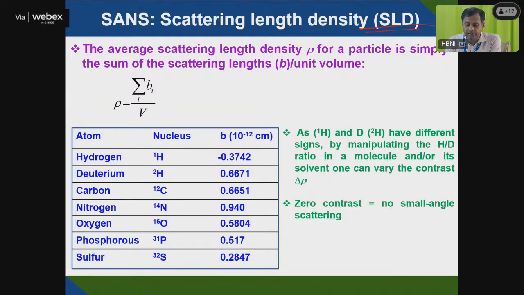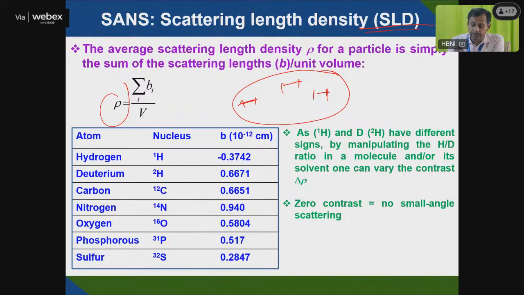The average scattering length density rho of a particle is simply the sum of the particle scattering length per unit volume, that is B by V. If this is a whole particle, and the scattering vectors are like this, then this is the area of interest where scattering mainly occurs.